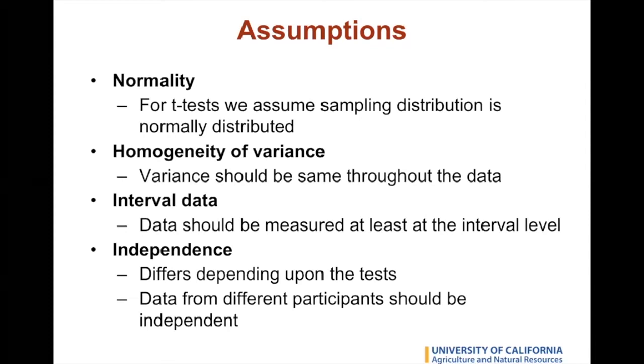Then the homogeneity of variance. The assumption is that the variance should be the same throughout the data. For example, if you are taking samples from one population, we assume that the variance remains the same in all the samples. And again, we talked a bit about interval data, and we'll be talking more about it in the coming slides.